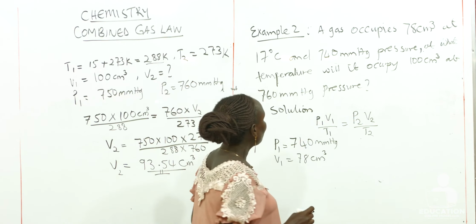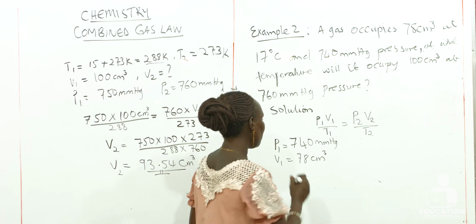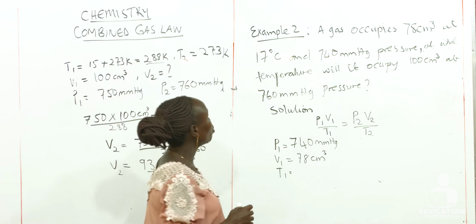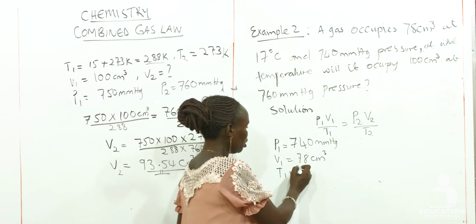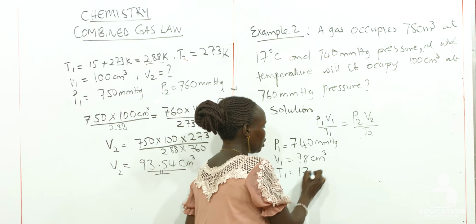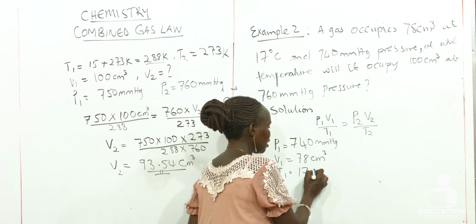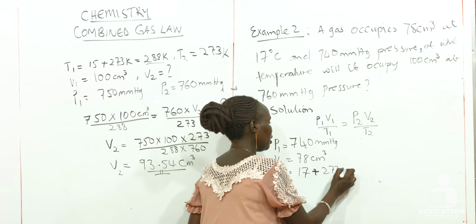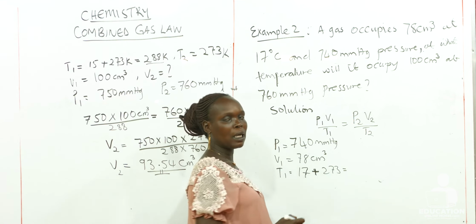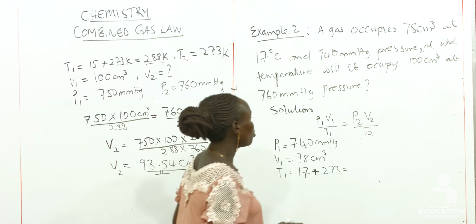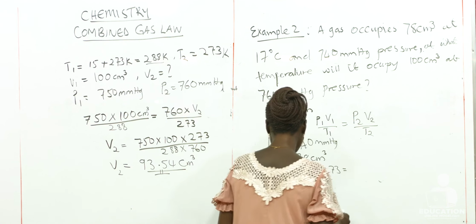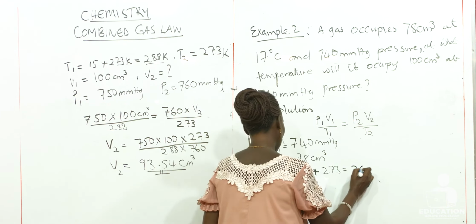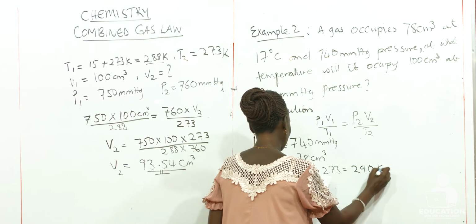And we have the temperature here. The temperature 1 is going to be 17. Of course we need to change it into Kelvin, so 17 plus 273. So here, by representing the Kelvin scale, we shall have that this is 290 Kelvin.